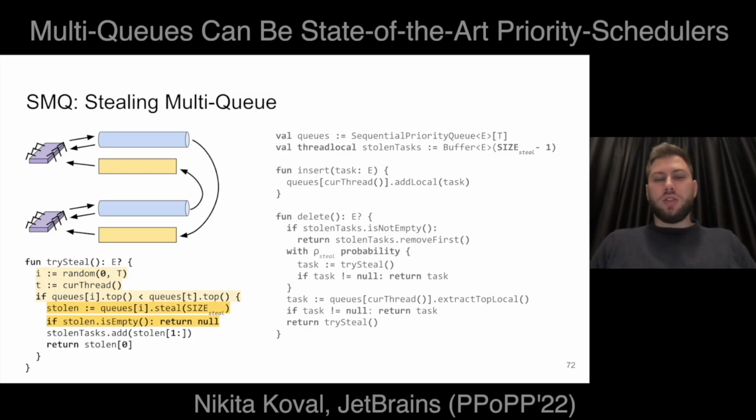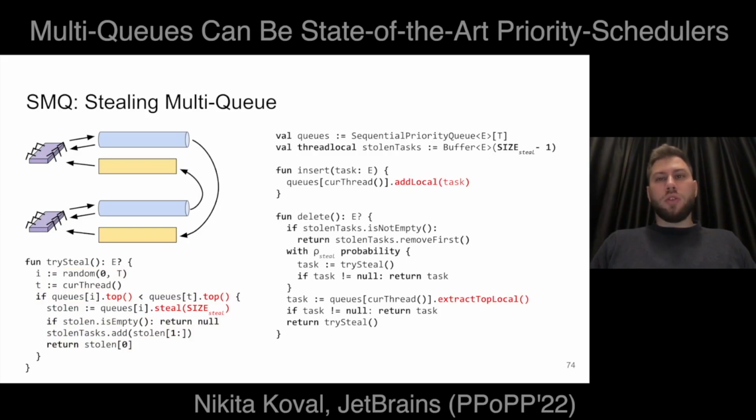If the stealing is not successful, we return null. That indicates that the stealing procedure fails, and if the stealing was successful, we add all the elements except for the first one to the buffer of the stolen tasks, and return the first stolen task as the result.